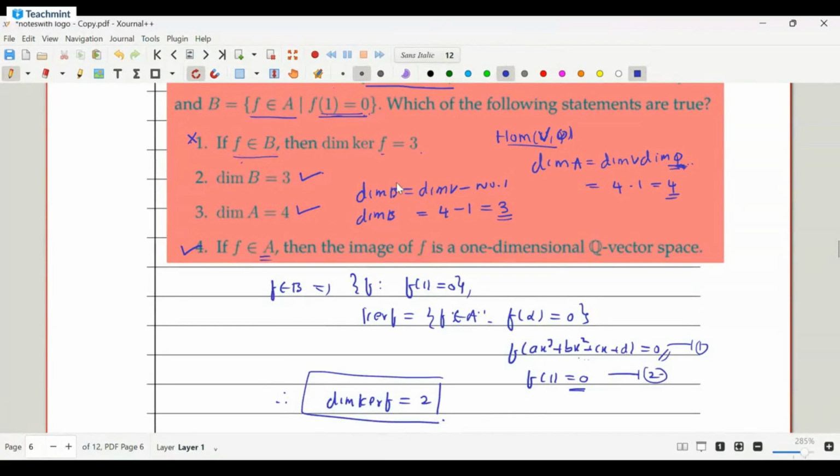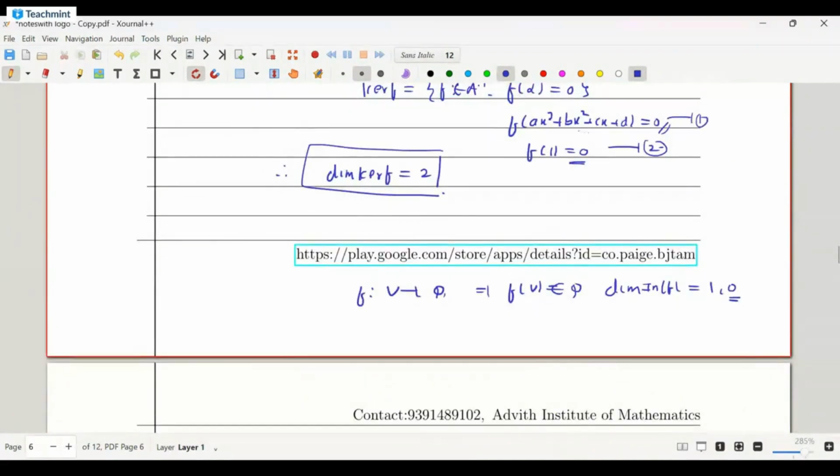So therefore options 2, 3 and 4 are correct. Similarly ఇంకొక సేమ్ క్వశ్చన్ ఉంది సార్, అది సాల్వ్ చేసేసేది. నెక్స్ట్ వన్.